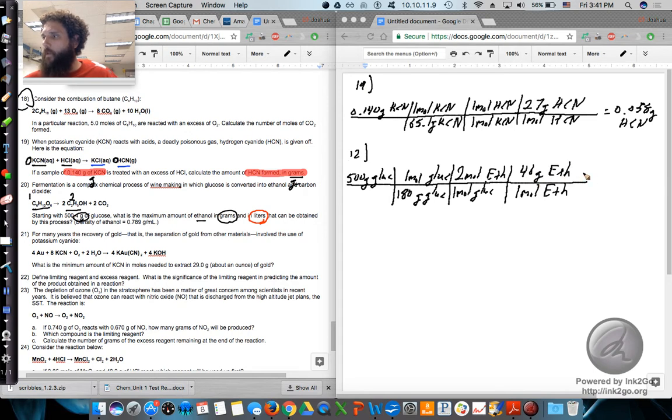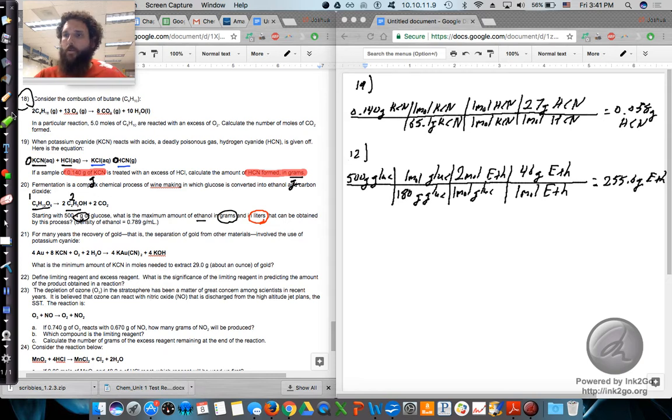We use ethanol a lot in calculations, and so that's one that I know. All right, let's go through this and solve. 500 grams divided by 180 times 2 times 46 gets us 255.6. So there's 255 grams of our ethanol.